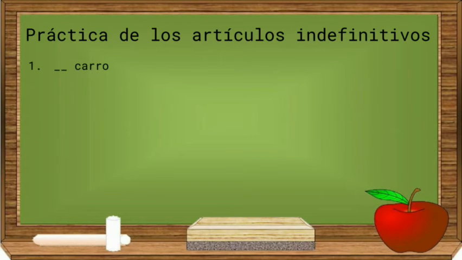Blank carro. Take a moment. You should have gotten un carro, a car. It ends with an O, so it must be masculine.